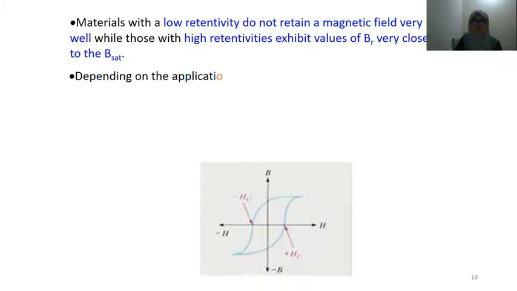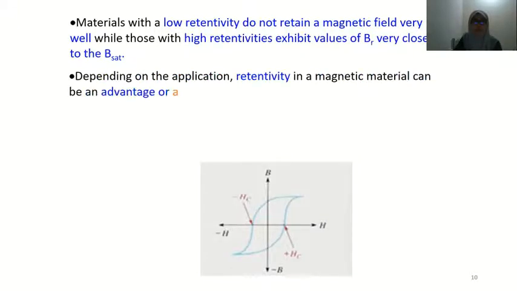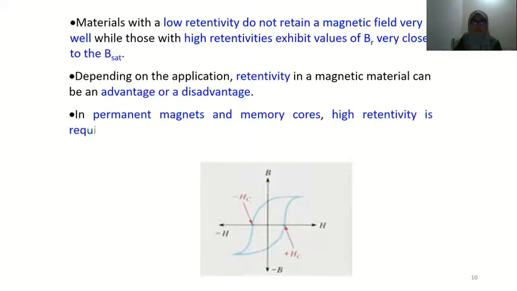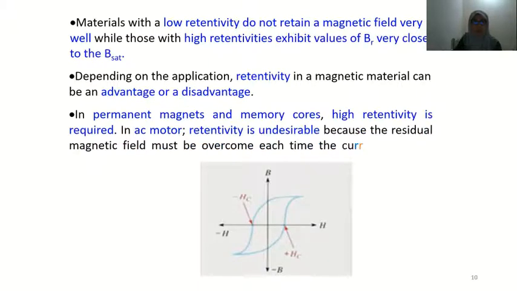Depending on the application, the retentivity of the magnetic material can be an advantage or disadvantage. In permanent magnets and memory cores, high retentivity is required. However, in an AC motor, retentivity is undesirable because the residual magnetic field must be overcome each time the current reverses, thus wasting energy.